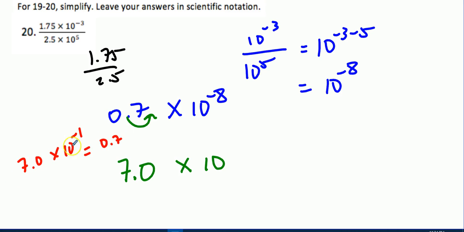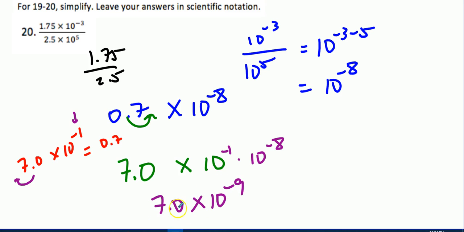Let's check to see if that's true. If I take that negative 1 and I go back 1 space, I do get 0.7, so that's good. So I get 7.0 times 10 to the negative 1, but then times 10 to the negative 8, which is going to be 7.0 times 10 to the negative 9.